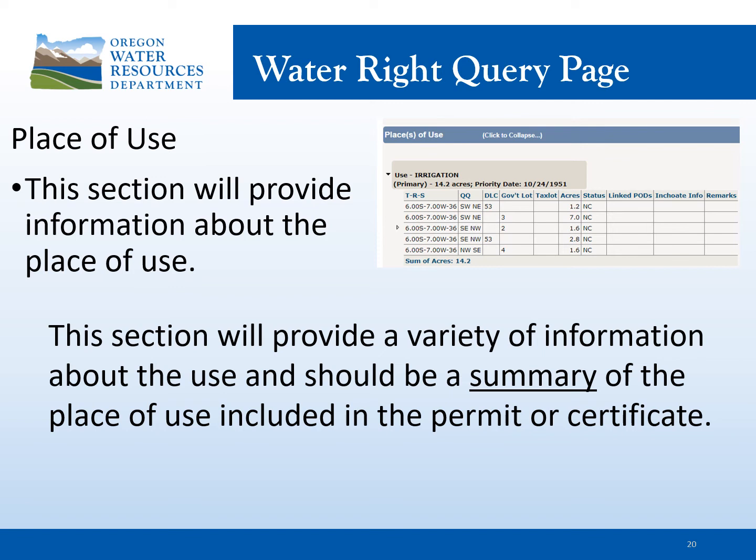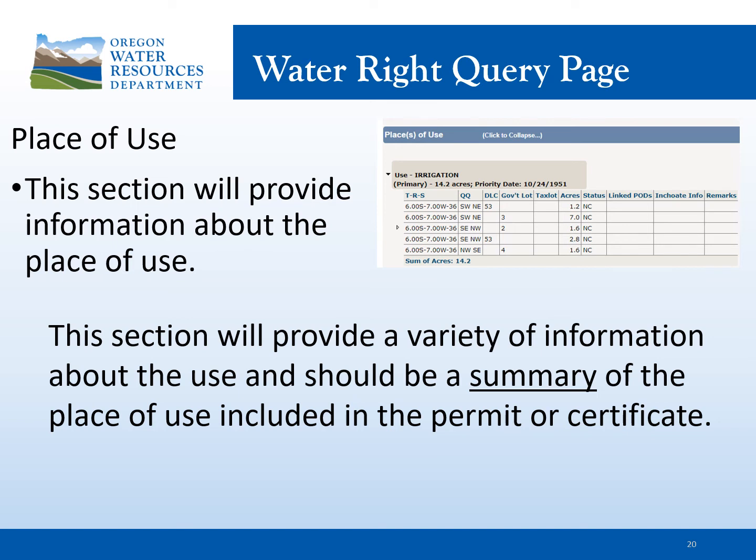The place of use portion of the page will provide information about the place of use. As you can see by this table, the use has been identified as being irrigation. We've identified that it's primary irrigation and that there's a total of 14.2 acres with a priority date of October 24th of 1951. The use is further defined as being located within a certain township, range, and section, a quarter, if there's a donation land claim, or a government lot.